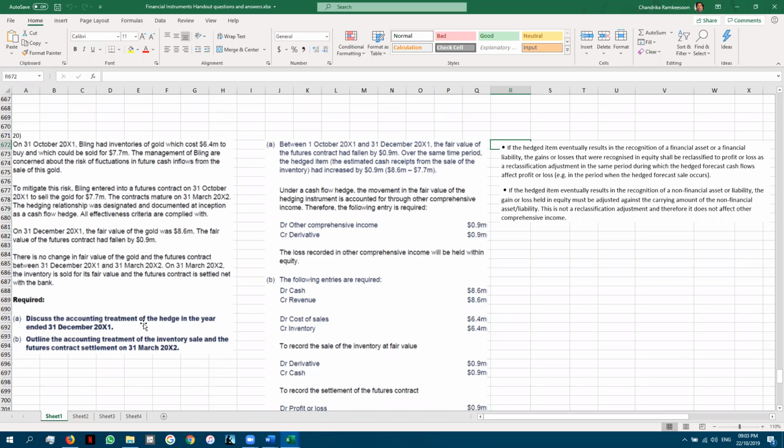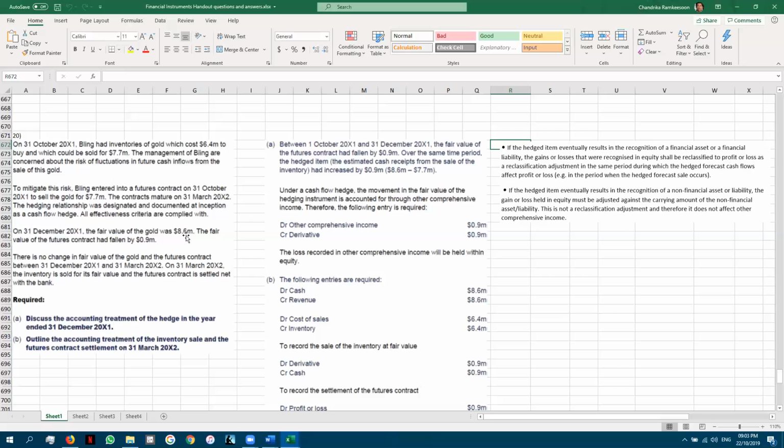Between 1st October X1 and 31st December X1, the fair value of the futures contract had fallen by 900,000. Over the same period, the hedged item had increased by 0.9. Remember, you were told here 7.7 and then 8.6. It just so happened it was the same thing.